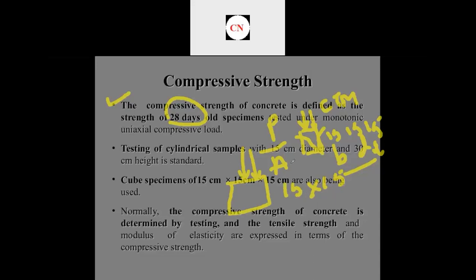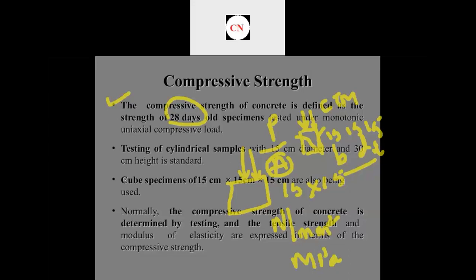We need to consider that in the denominator. So ultimately we can find the compressive strength of the cube in terms of Newton per mm square or MPa. These are the precise units of expressing the compressive strength.